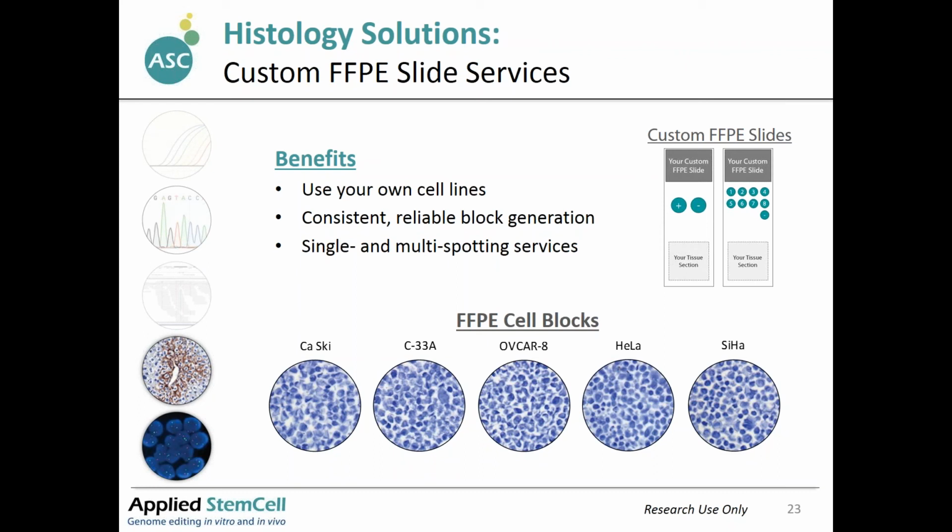Here I'm just showing a number of different examples of different cell lines that we've successfully made FFPE blocks from using our established protocols. You can see that we've done this with a number of different cell lines and obtained similar cell densities and consistencies across blocks.